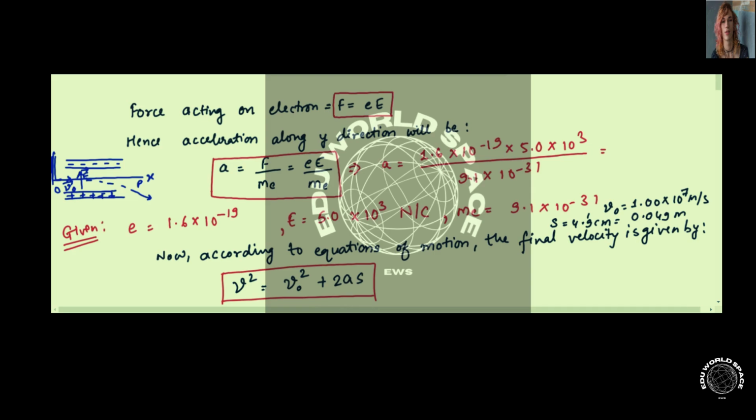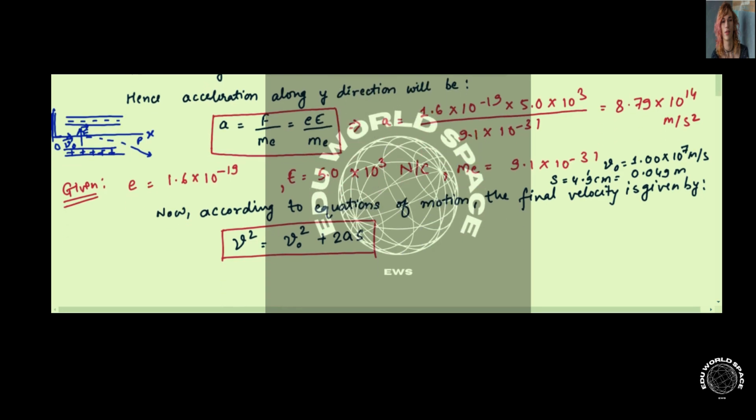After multiplying, we get 8.79 into 10 to the power 14 meter per second square. So we got the acceleration as well.